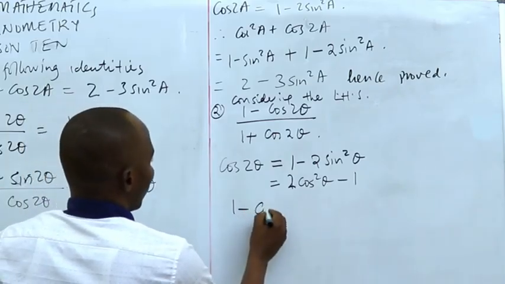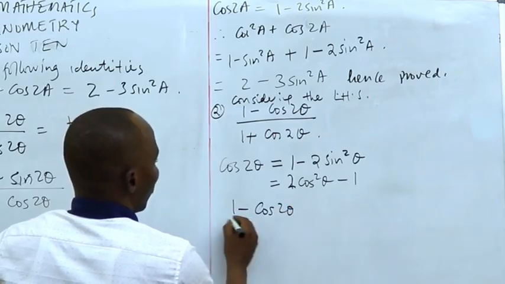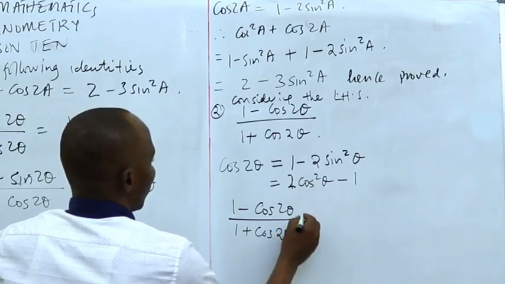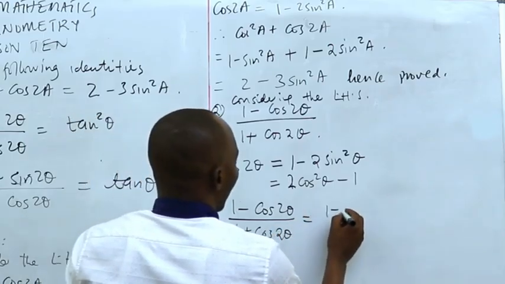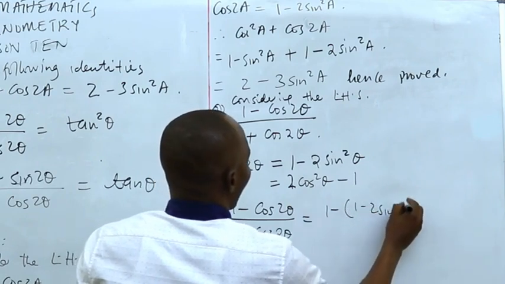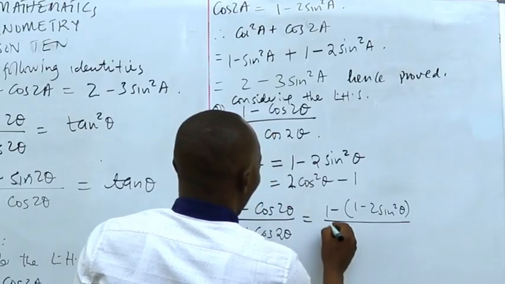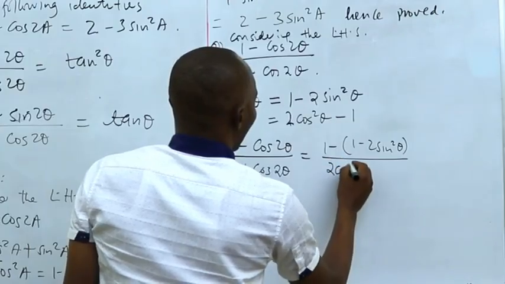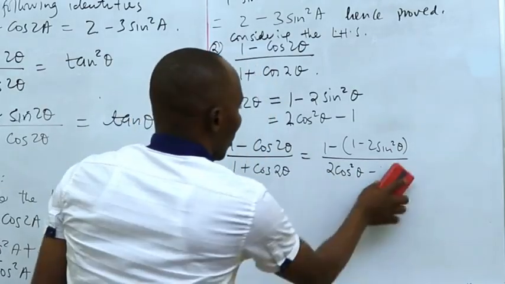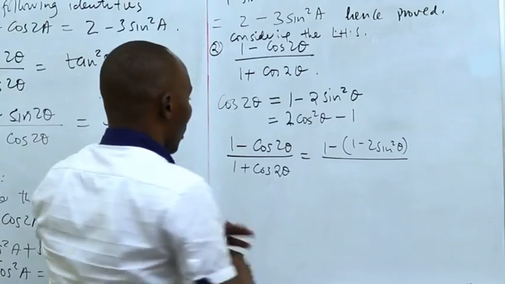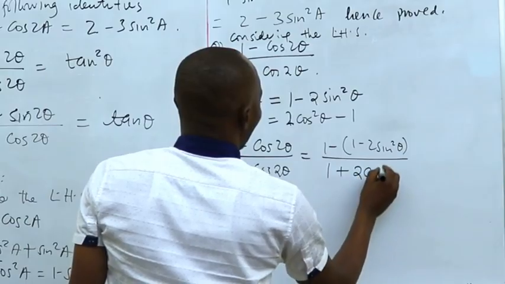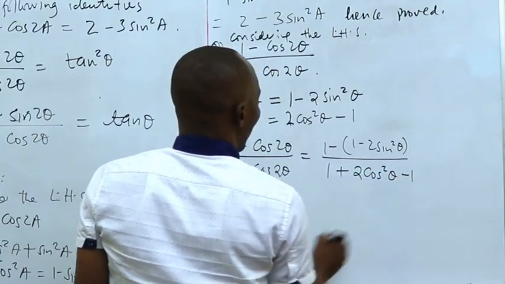Therefore, 1 minus cos 2 theta over 1 plus cos 2 theta is equal to 1 minus, in brackets, 1 minus 2 sine squared theta, over 1 plus 2 cos squared theta minus 1.